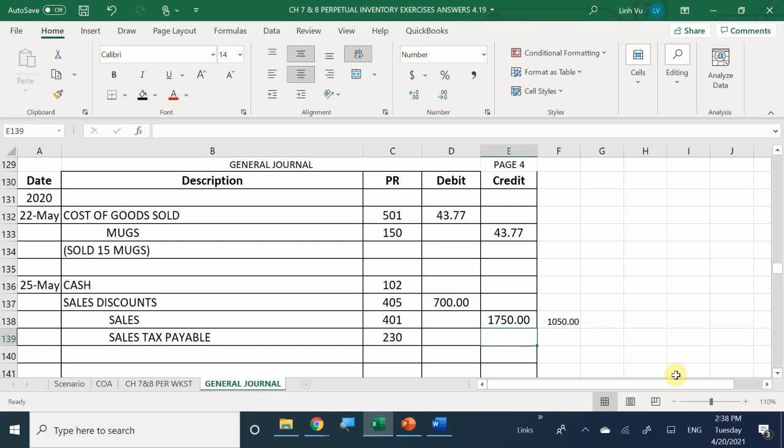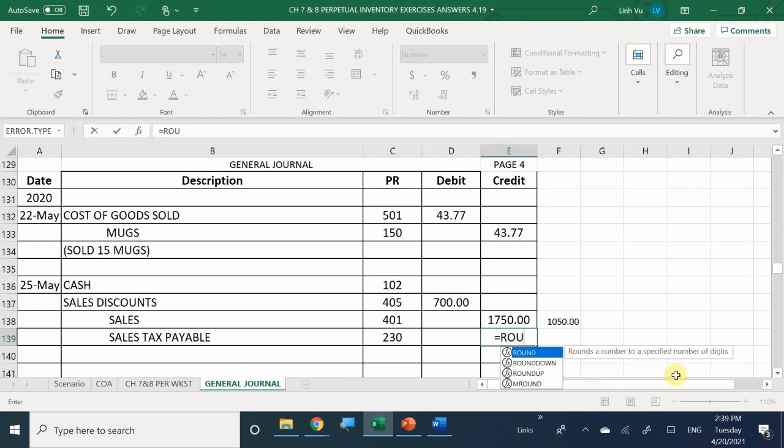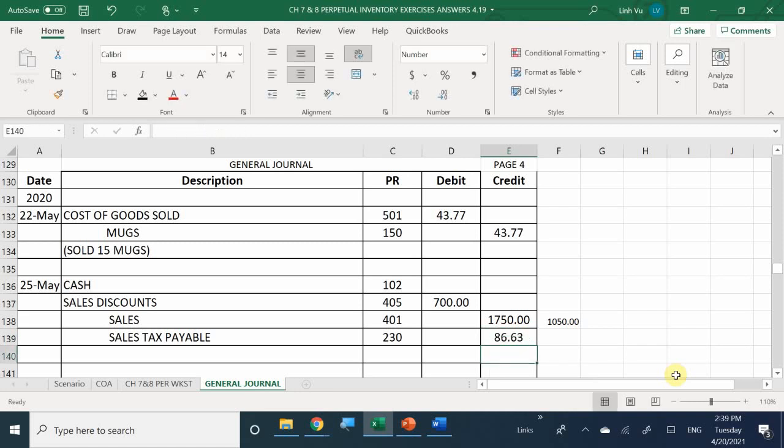So how much tax should I be collecting now? 144.38. Wait, let's do that again. Did you do it for the full amount?